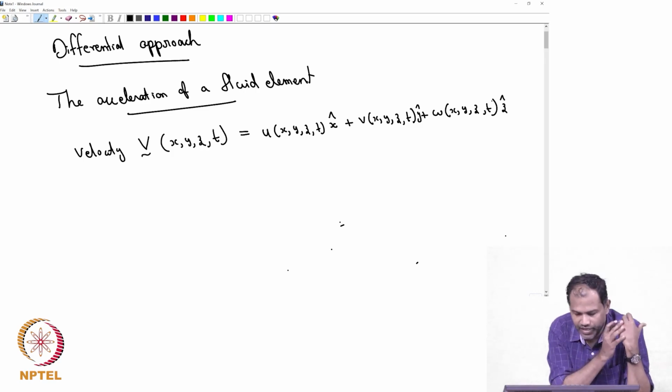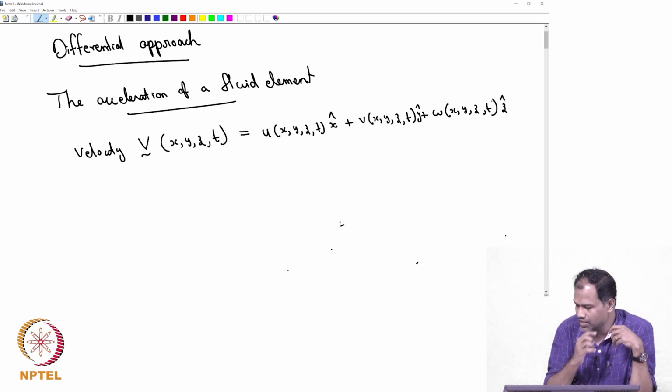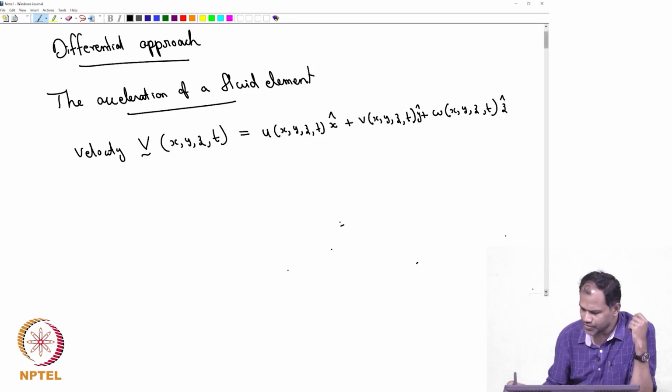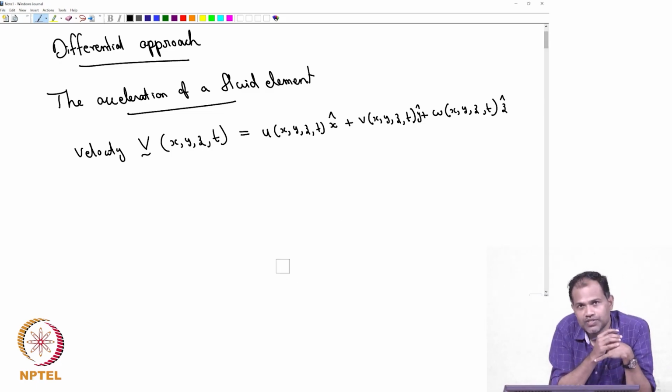So, this is nothing but the velocity written in vector form with each component. u, v and w are the components of velocity in each direction, and our intention now is to calculate the acceleration associated with this velocity field.